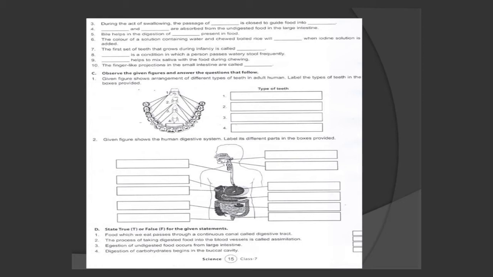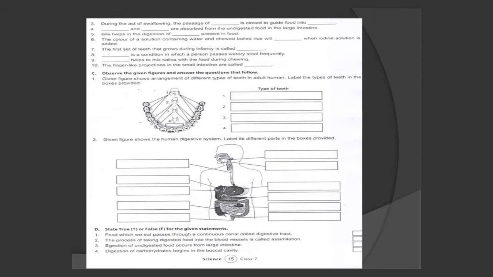Six. The color of a solution containing water and chewed boiled rice will not change in color when iodine solution is added. Because when starch is present, it will turn blue-black when iodine is added.